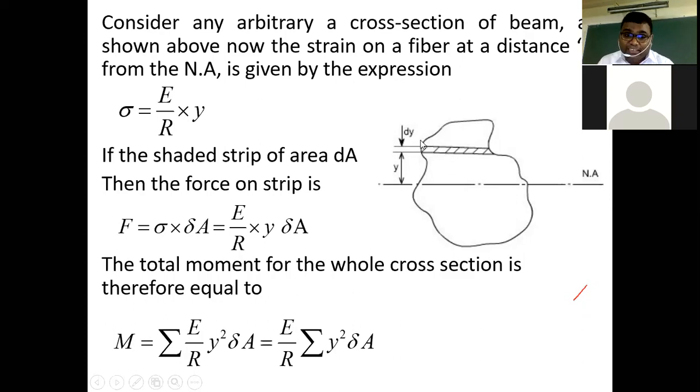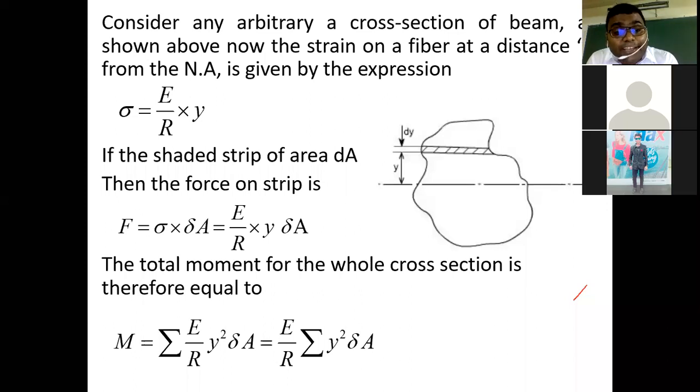This is the whole area, and we have taken an elementary area, which is the area dA or del A, whichever you want to take, no problem. Then how much force will act on the strip? To find the force, if you know the stress on that area, you just multiply the stress by the area and you get the force.